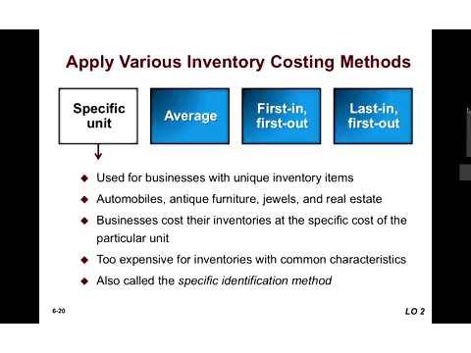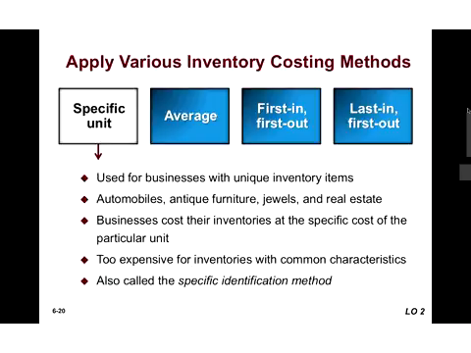So we might use automobiles, antique furniture, real estate, jewels, and specific costs. We value everything at the specific cost of each particular unit. We can only do it with things that are pretty high cost and are uniquely identifiable.